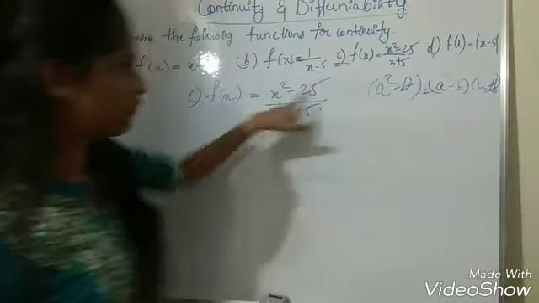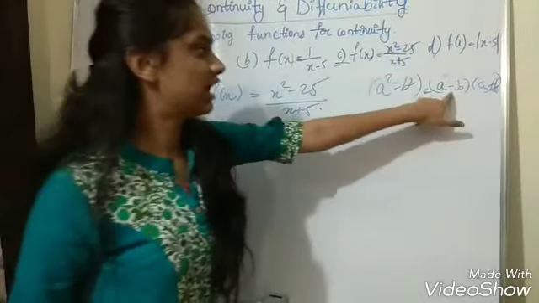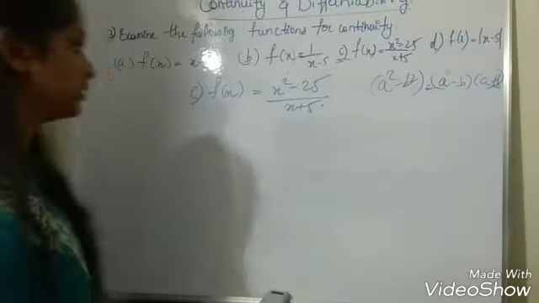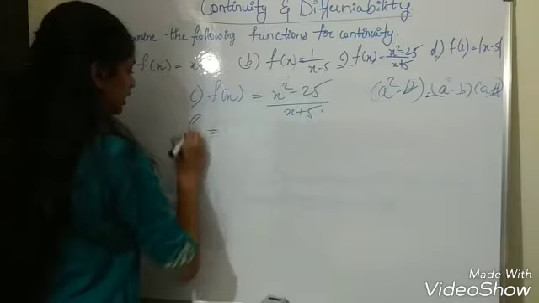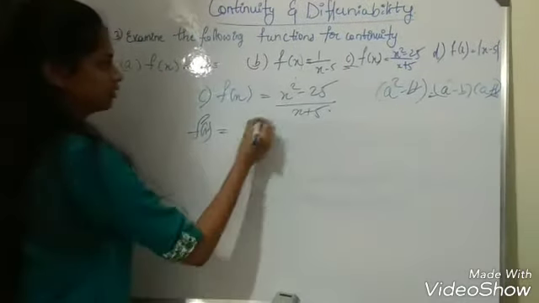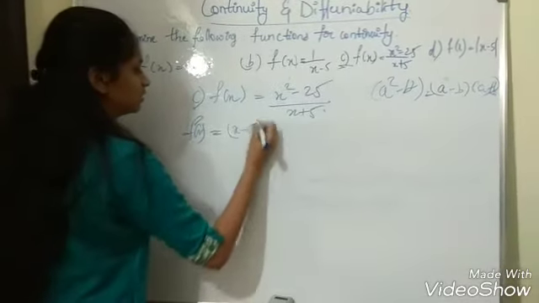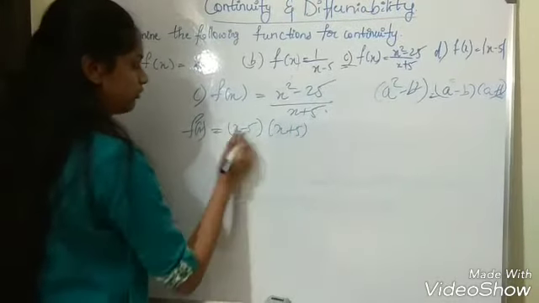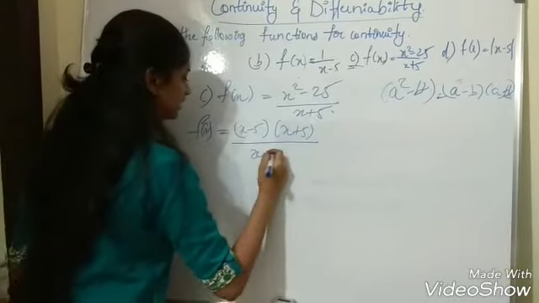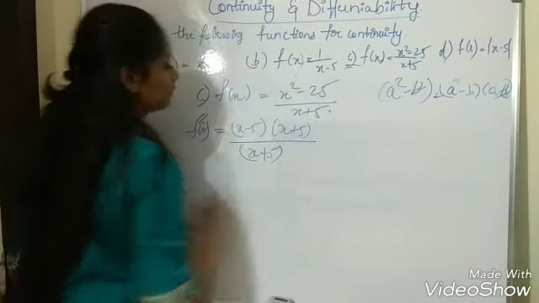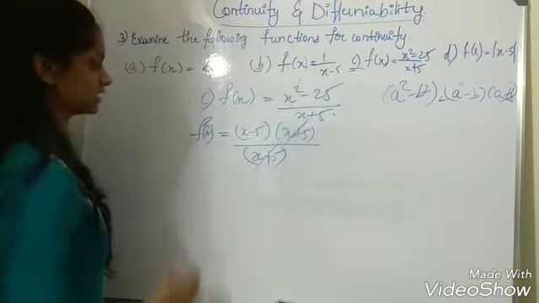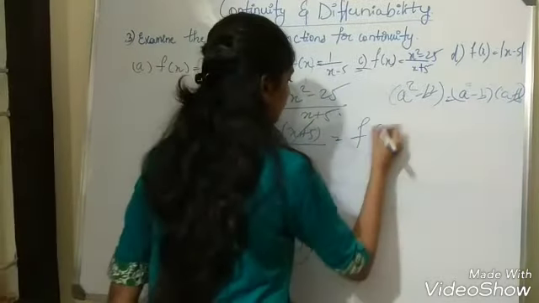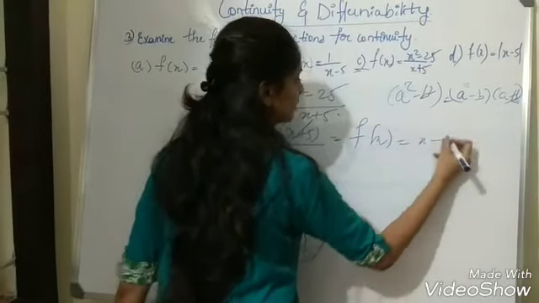So f of x is equal to (x minus 5) into (x plus 5) by (x plus 5). x plus 5 gets cancelled. You get f of x is equal to x minus 5.